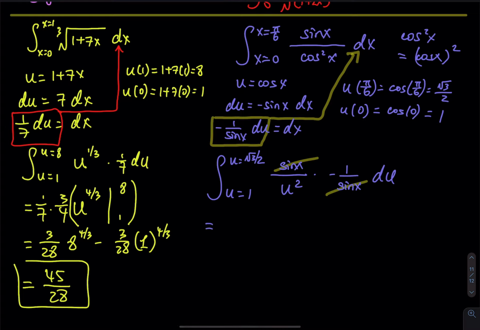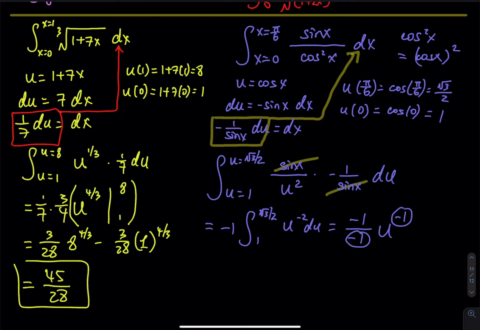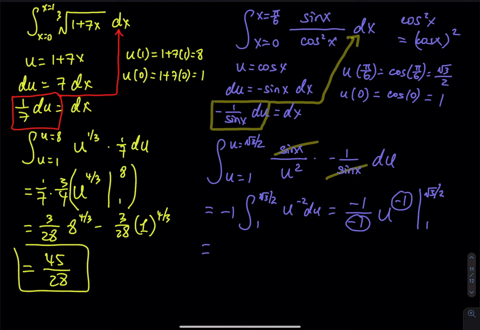So we have negative 1 times the integral from root 3 over 2 to 1 of u to the negative 2 du. So negative 2 plus 1 is equal to negative 1, and then we have negative 1 divided by negative 1. This negative 1 goes right there. We have to take the reciprocal of that, such that u goes from root 3 over 2 to 1. So this math is supposed to be simple.